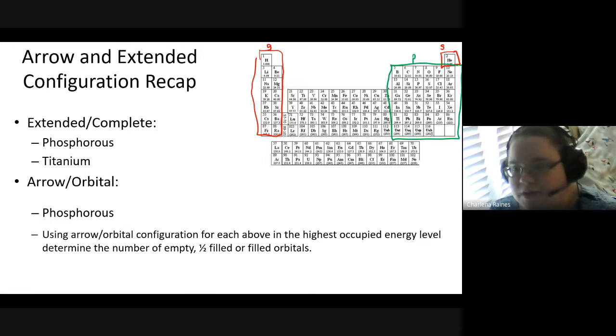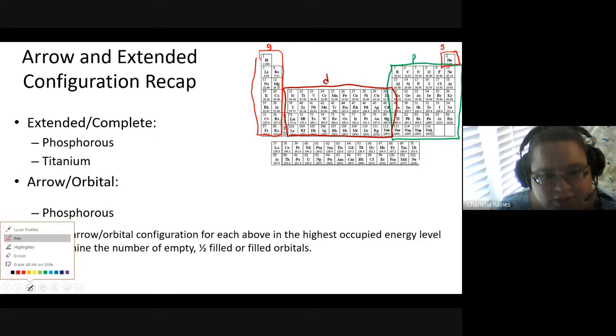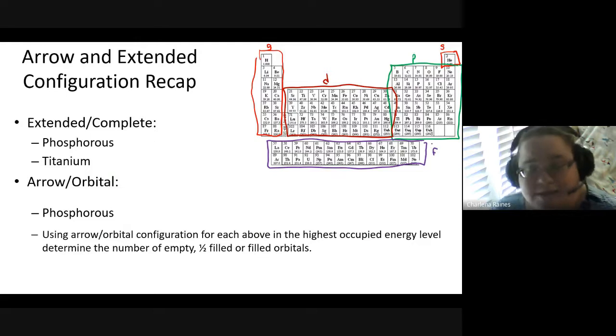Ones that I'm doing in this burgundy-ish color, my transition metals, are my D sublevel. And last but definitely not least, down at the very bottom, my bottom two rows, my inner transition metals make up the F sublevel. Those electrons are going into that part of the cloud at the end.